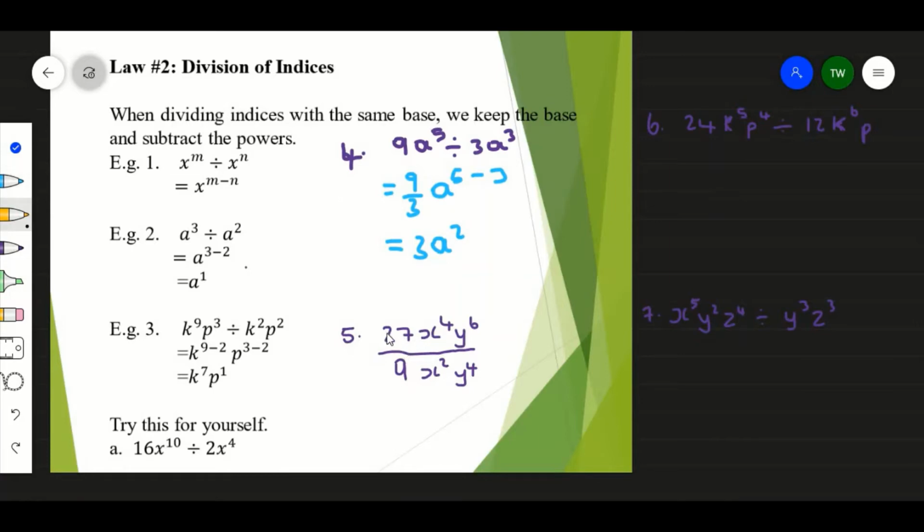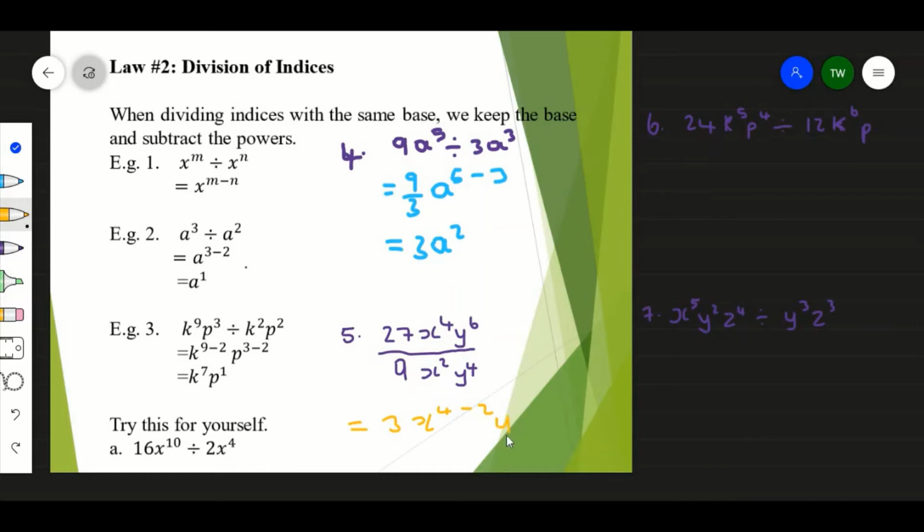Example number 5. 27x to the 4th power y to the 6th power divided by 9x to the 2nd power y to the 4th power. So what we're going to do is divide the coefficient of each term. If we divide 27 by 9, that is going to give us 3. Then it's going to be x to the 4th power minus the second power. Then we keep our base of y.